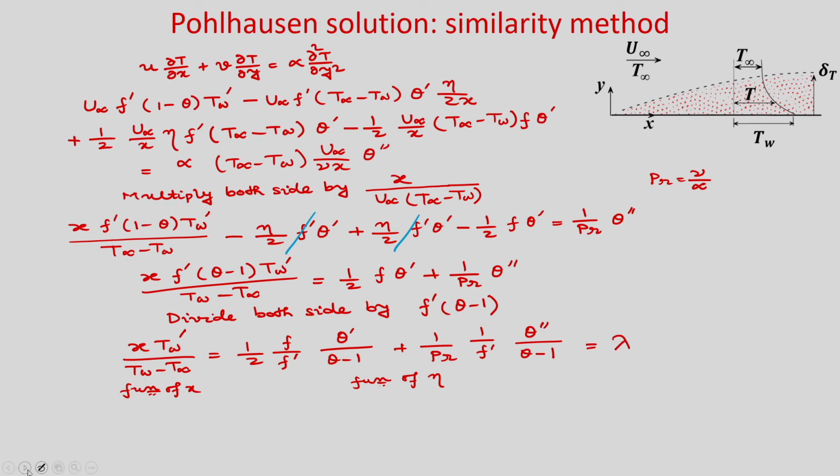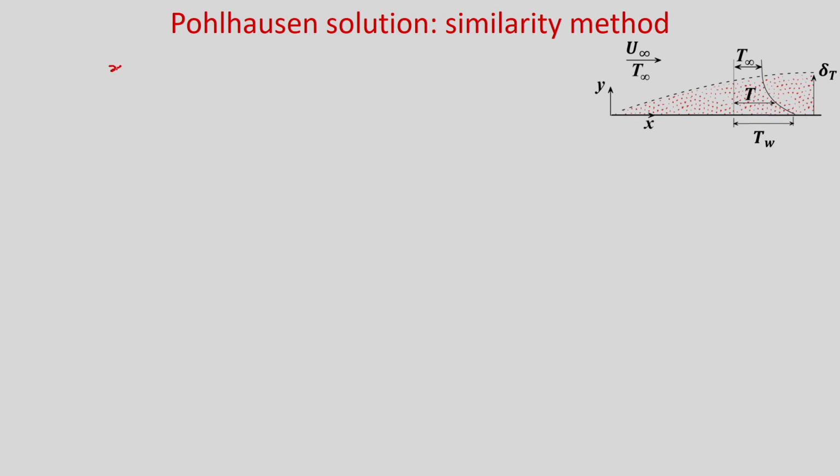So, you can write it as x T w prime divided by T w minus T infinity is equal to lambda. So, T w prime means dT w by dx. Okay. So, we will write dT w by (T w minus T infinity) is equal to lambda dx by x. So, now integrate.